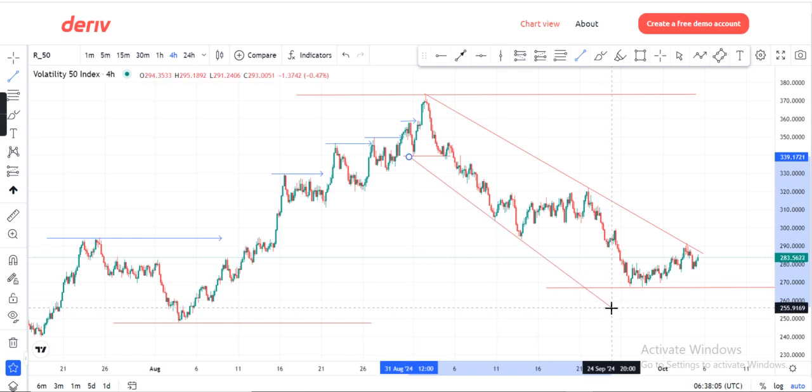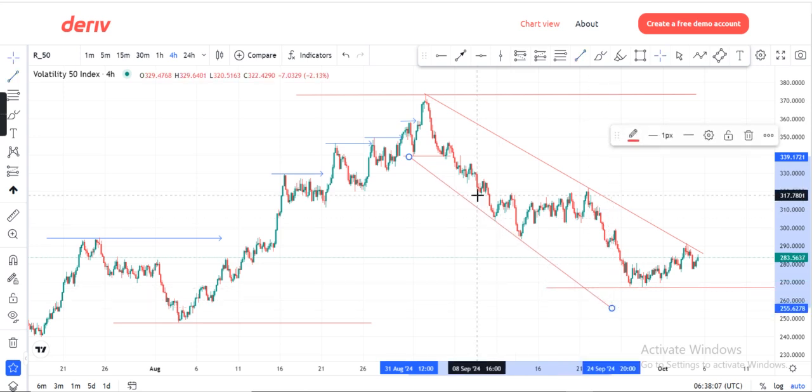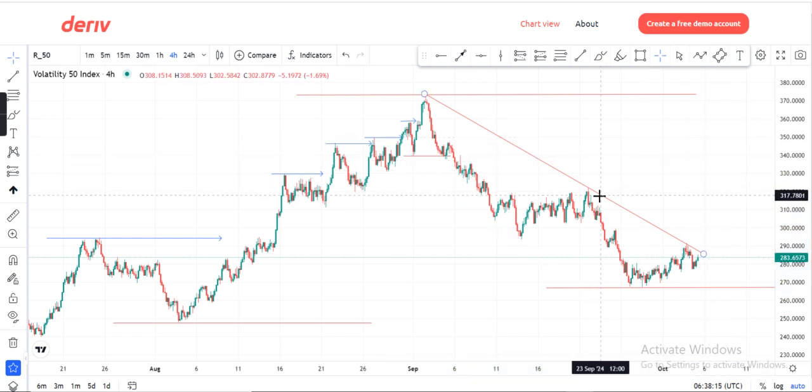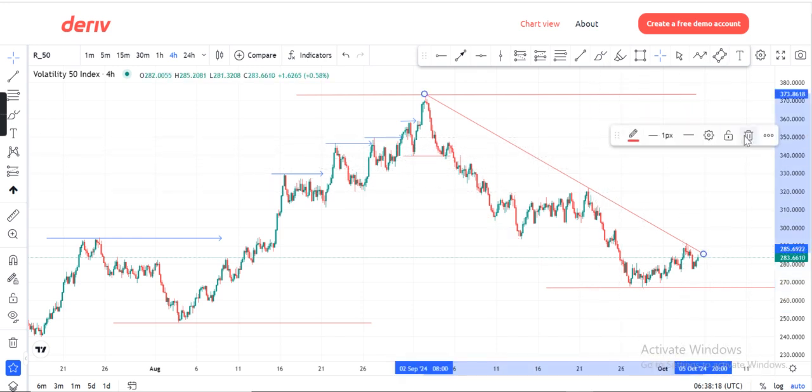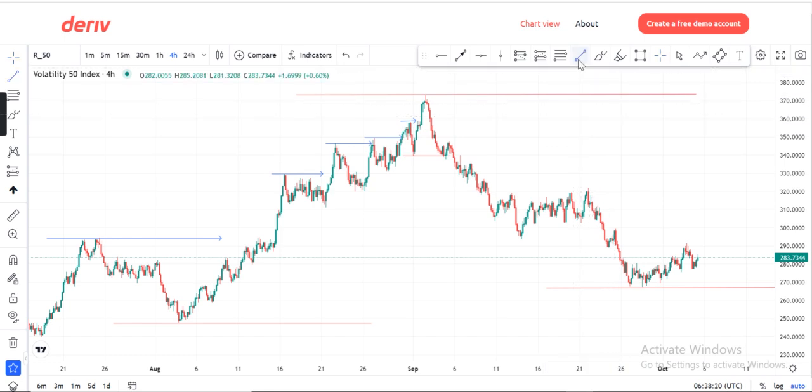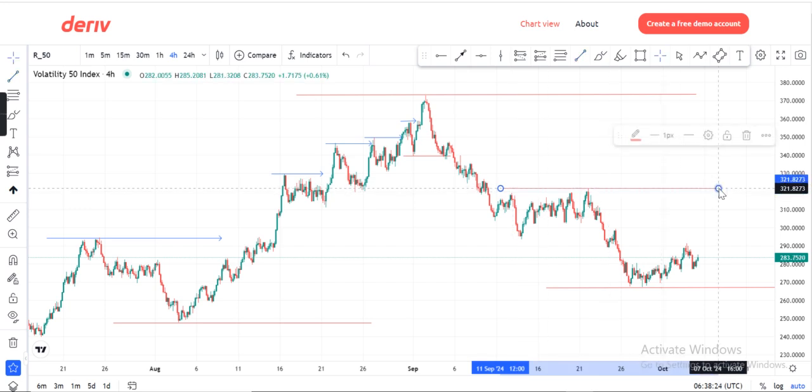Now if we connect this low, you can see that there's a downtrend on the smaller time frame. So what's going to happen? I'll just simply remove it, and then we pick this our 2 and then we mark this high.